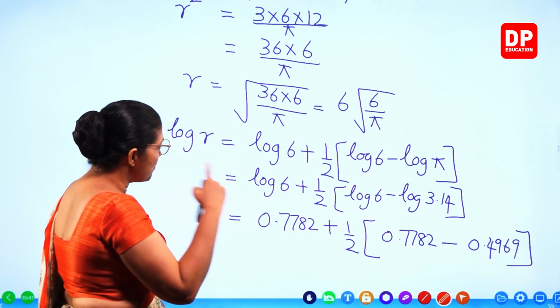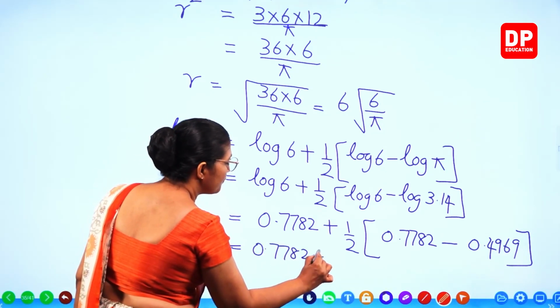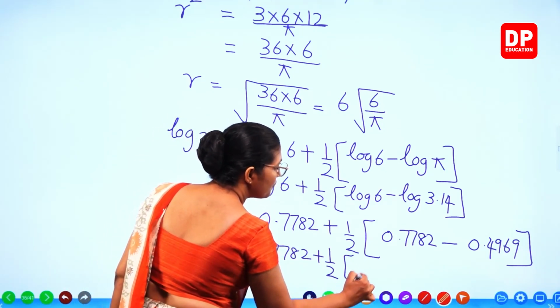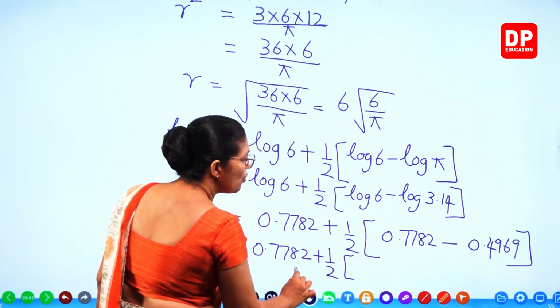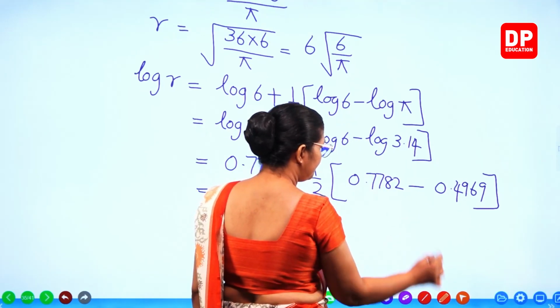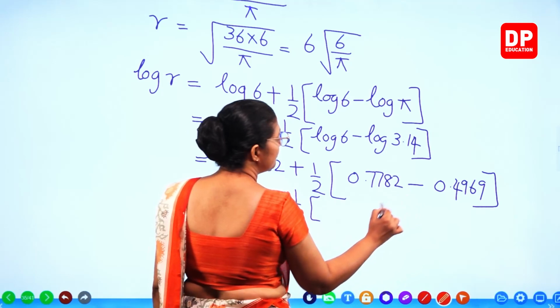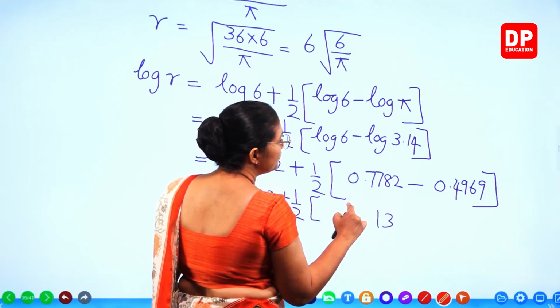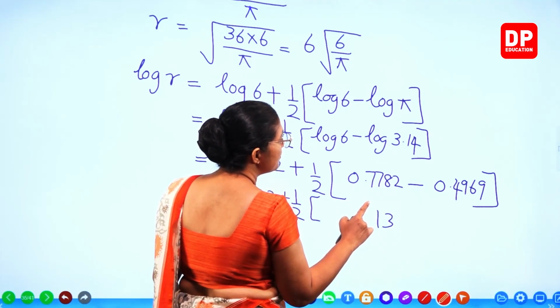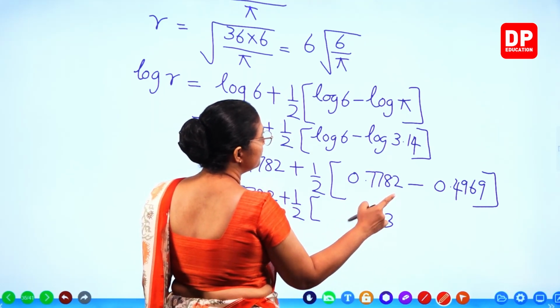So first we'll subtract these two. So when you subtract these two, you get 3, 1, and then 8, 2.